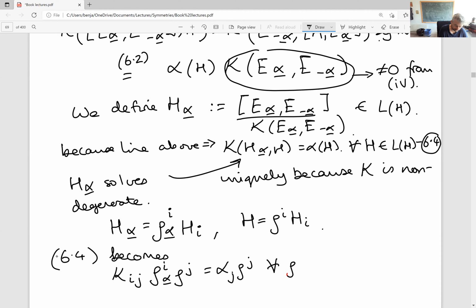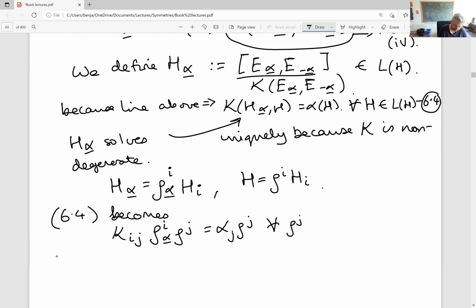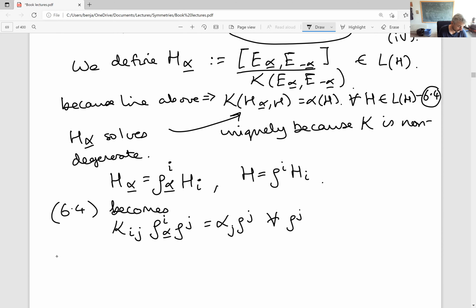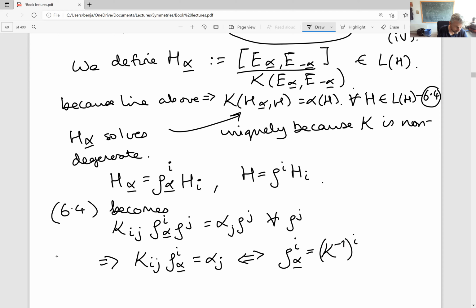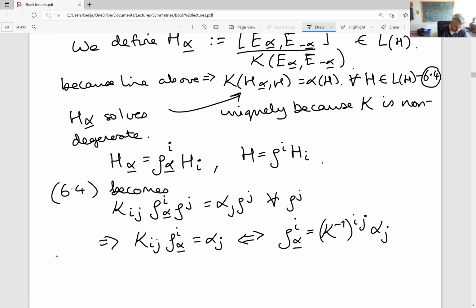And this has got to be true for all rho^j, so we can effectively cancel the rho^j's off because it's equivalent for all of them. So kappa_ij rho^i_alpha is equal to alpha_j. Okay, so I can use the fact that this kappa_ij has a unique inverse, which we wrote like this, and just multiply on the left by such an inverse.